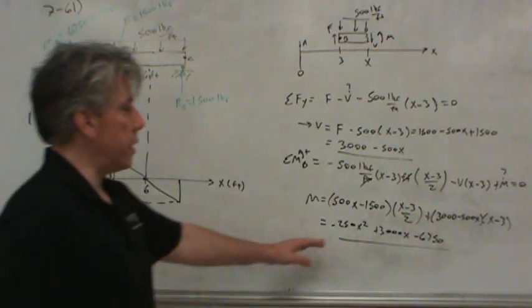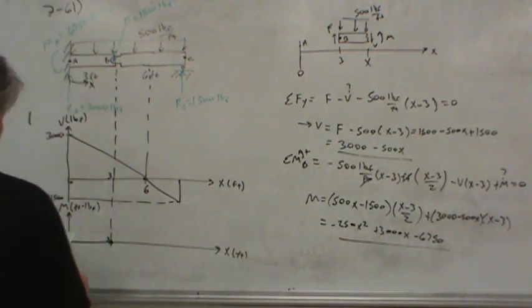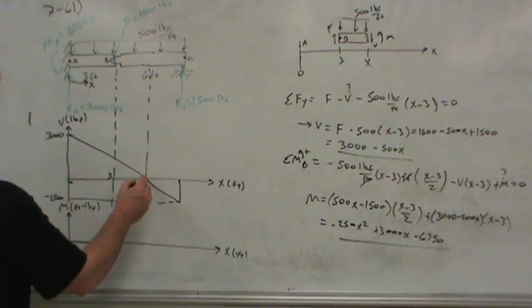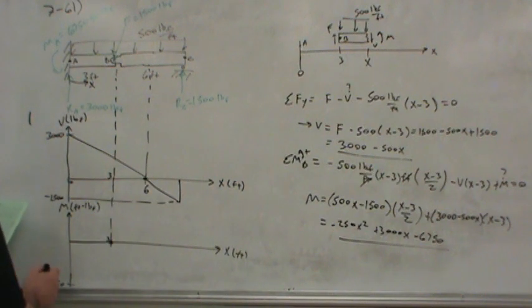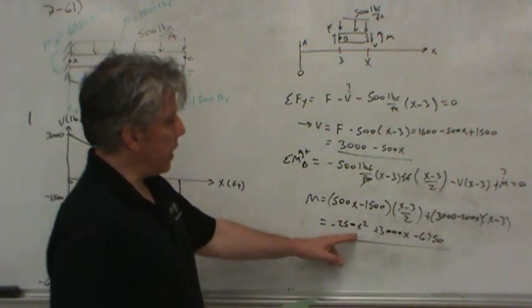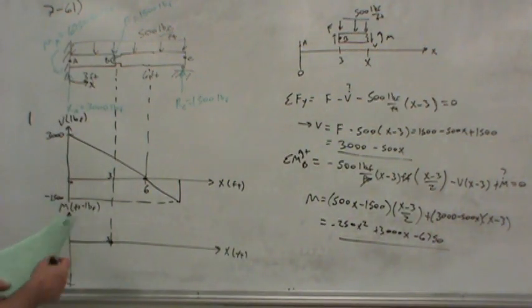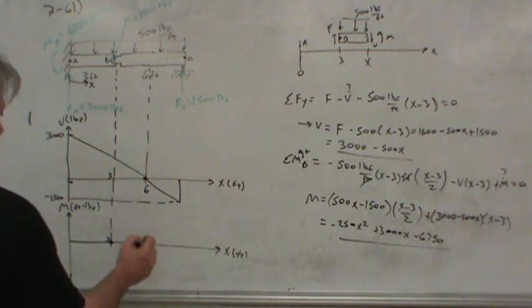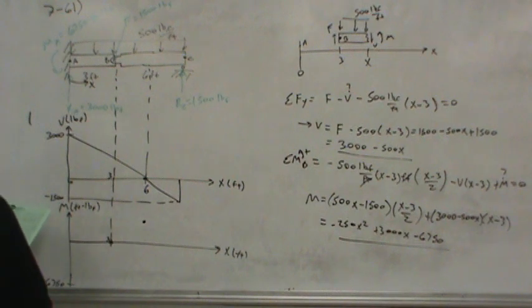Now understand, this is the equation of a parabola. It's second order in x. And since the shear goes to 0 at this point, it turns out that is a maximum. So if you plug in x equals 6 in this equation, you will calculate the magnitude of the moment. It looks like I neglected to do that. I have to grab a calculator and do that. But let me go ahead and draw the shape.